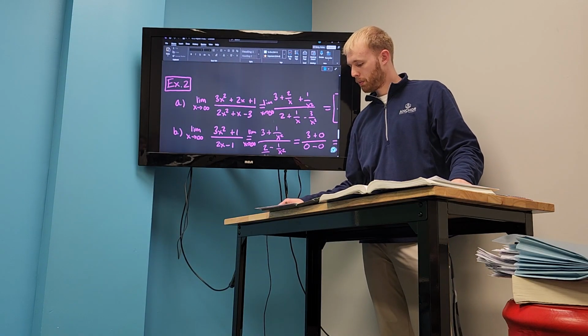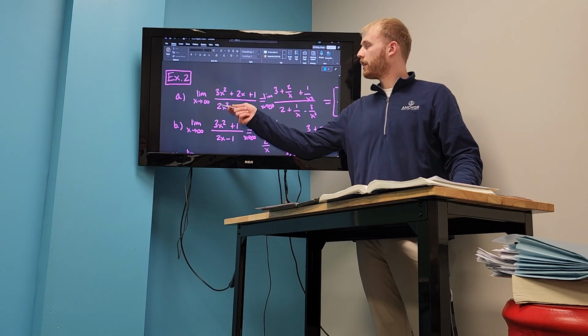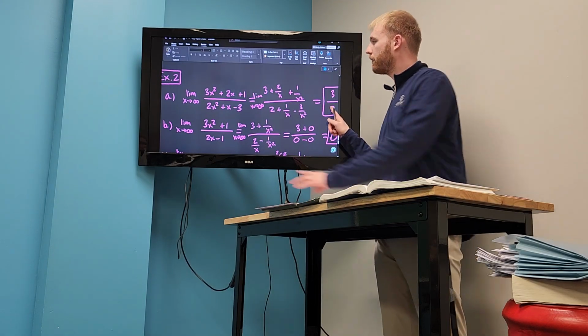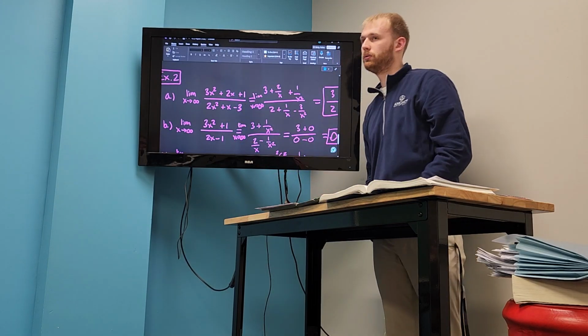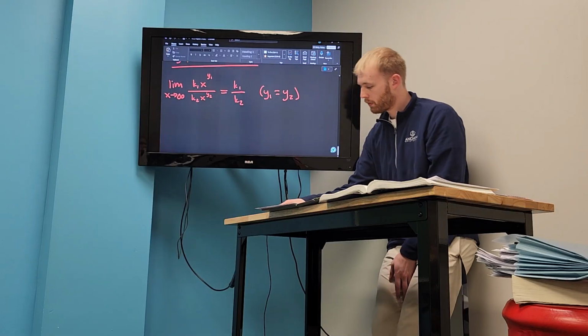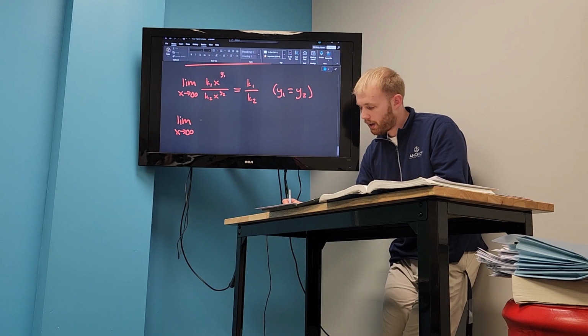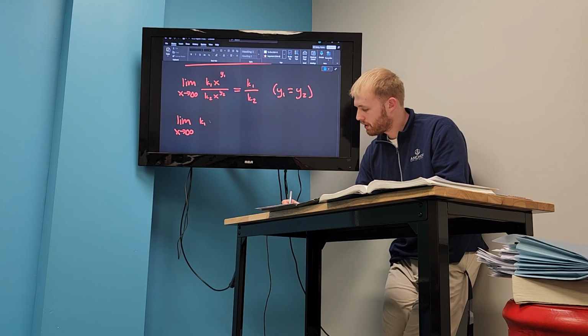Let's look at this first example. Your highest degrees are the same, so we got 3 halves. There's your 3 and there's your 2. Yes. Okay, cool. So there's the math language for something really intuitive. X approaches infinity of, there's 3 cases here. There's the case where the exponents equal each other.